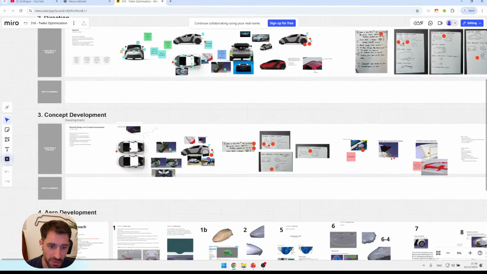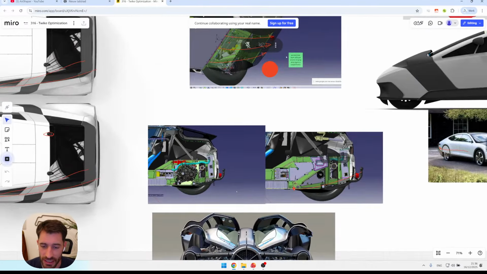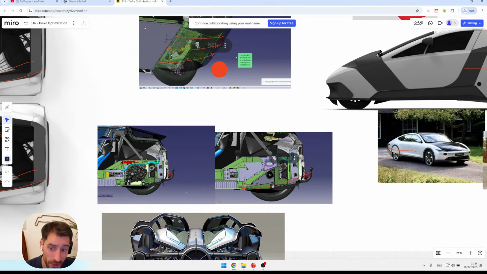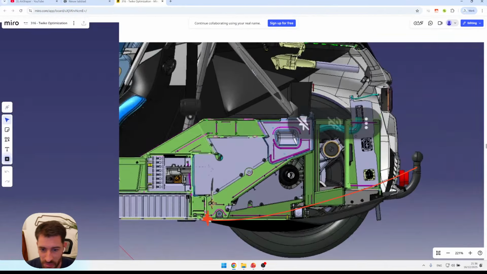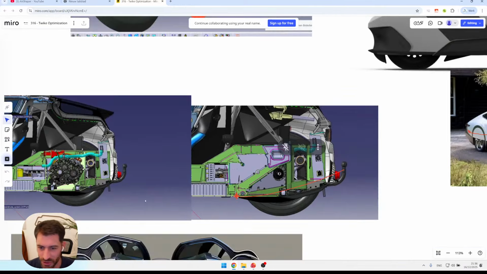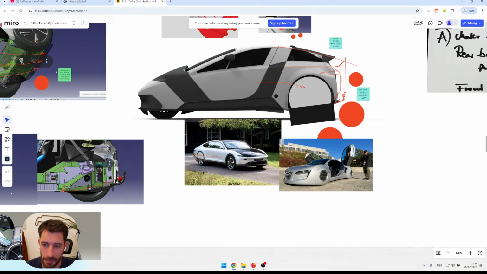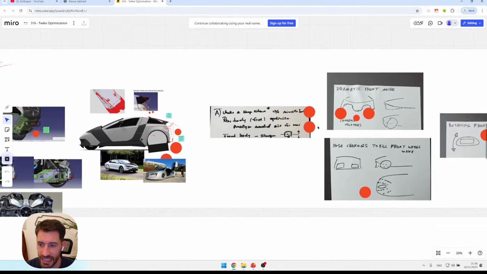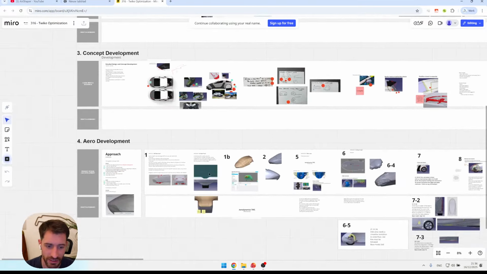We started implementing this in more detail, together with all of the details of the bodywork and the chassis, structural components, the hard points. Looked at other concepts again. So all kinds of brainstorm sessions.